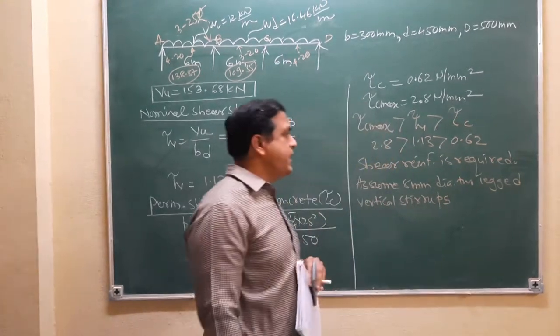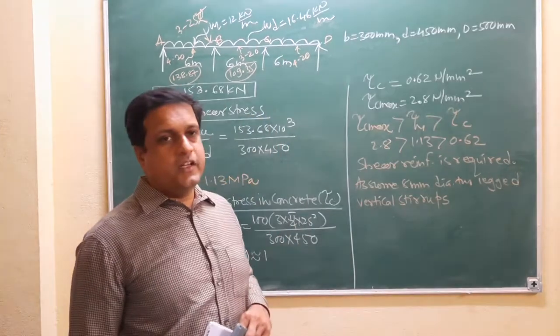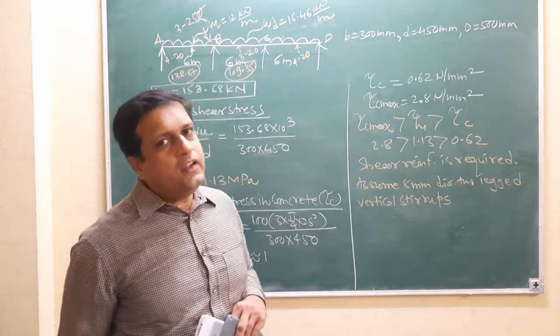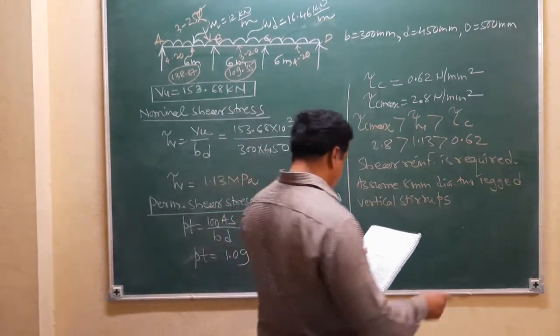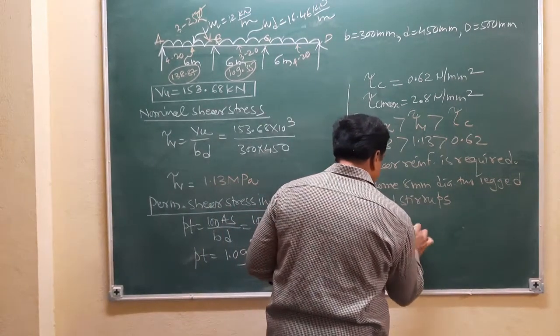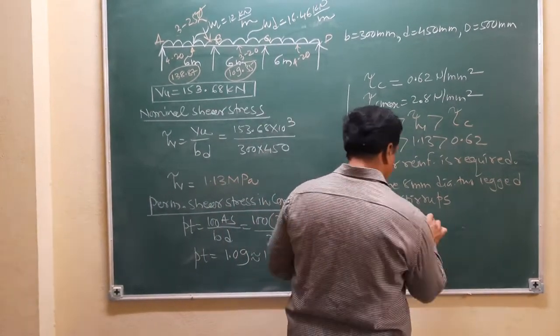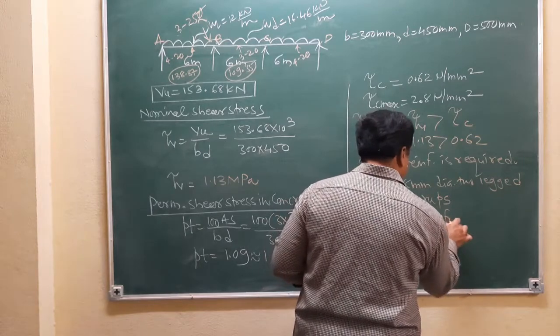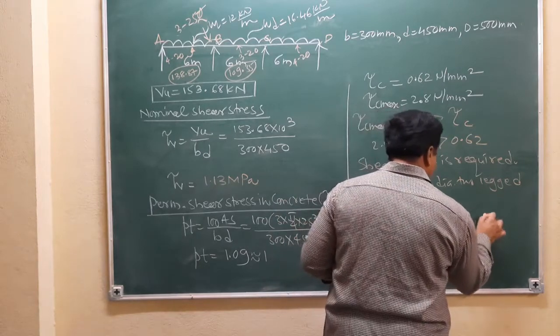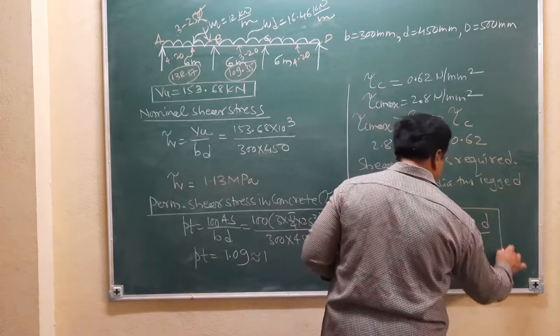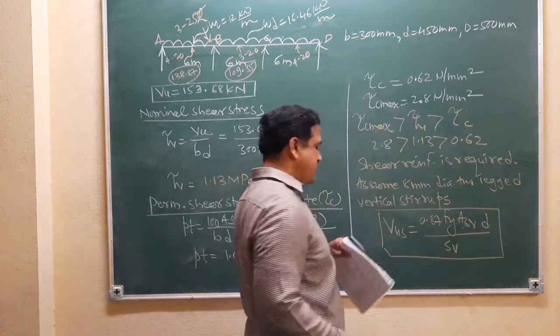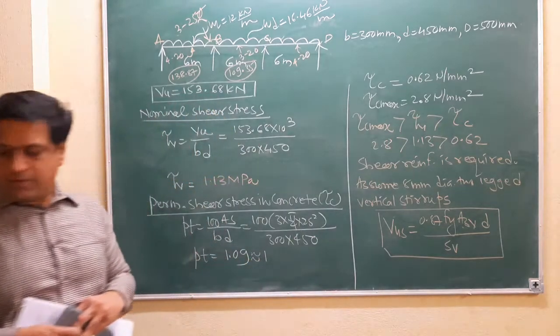Assume 8 mm diameter two-legged vertical stirrups. Now you have to find out the spacing using the formula VUS is equal to 0.87 Fy ASV into D divided by SV. Simply use this formula and find out the spacing of the stirrups.